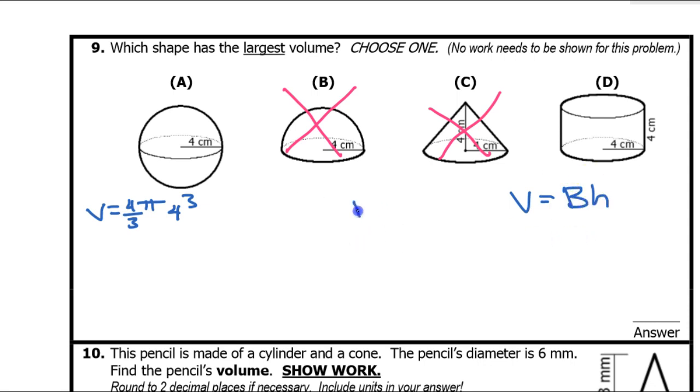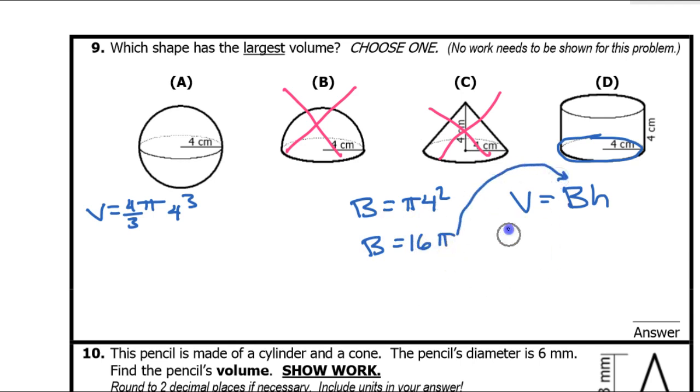The area of the base is a circle. That's pi r squared. All right, this is the base. So pi r squared, that's pi 4 squared. So the area of the base is 16 pi, and that's got to go right there. So that means this volume is going to be 16 pi times the height, which is 4.